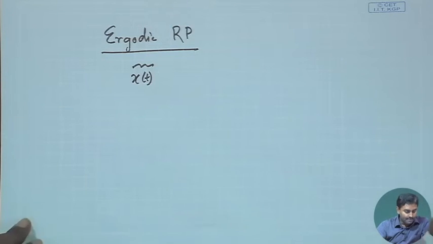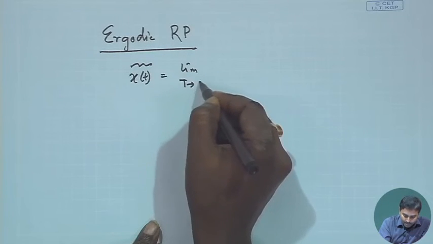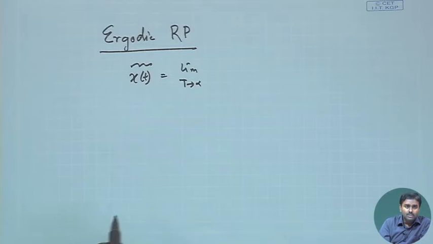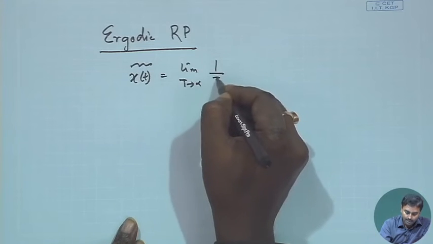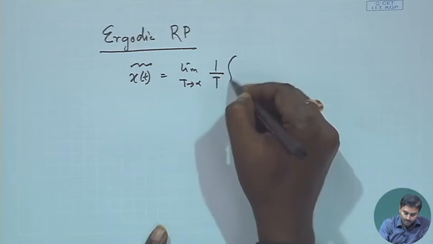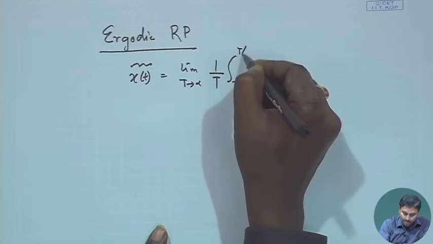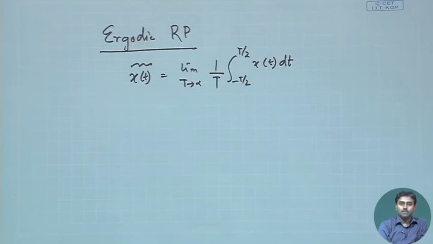The time average is limit T tends to infinity, because it is a periodic signal. If this is a periodic signal, then I can talk about the time average as if I take a big period, do the average, and make the period stretch to infinity. So, 1 by T integral from minus T by 2 to plus T by 2 of x(t) dt. Okay. So, this is the time average.